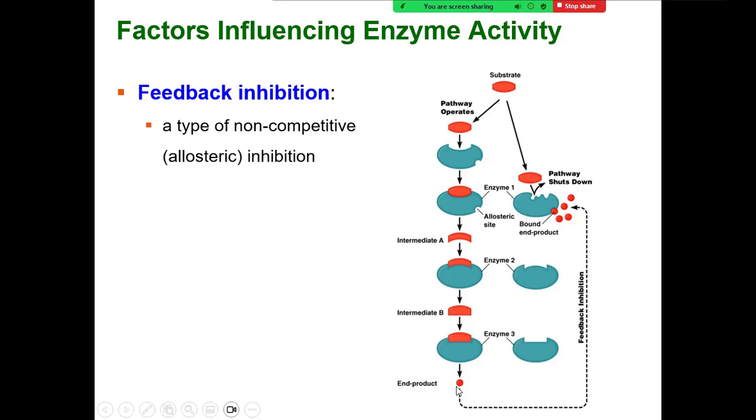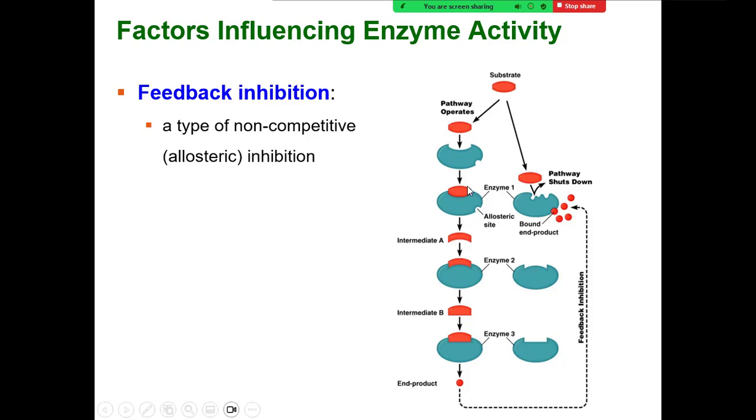And then the other reason why you frequently find a feedback inhibition like this, where the end product itself binds to the enzyme, is that the end product is regulating itself. If there isn't enough end product in the cell, you won't have the end product binding to the enzyme and shutting down this chemical reaction.